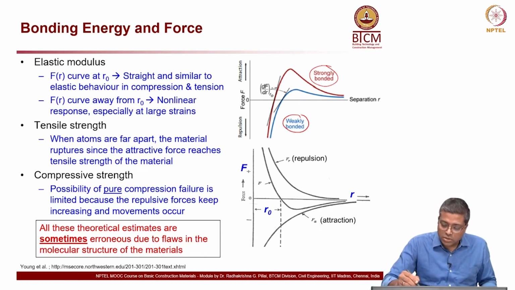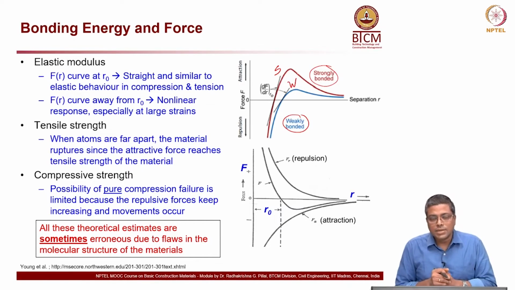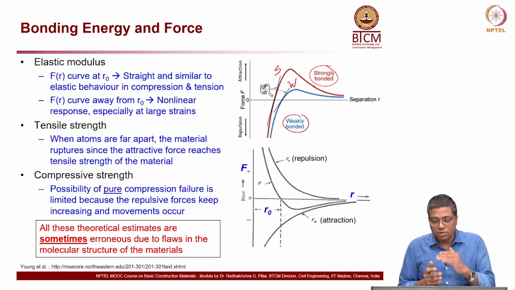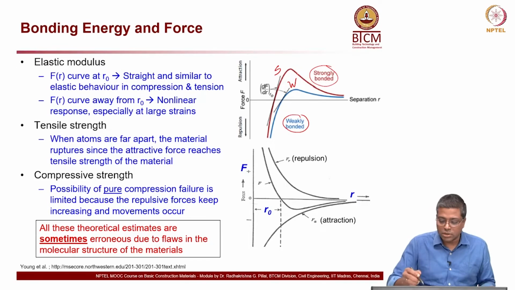Let me call them strong material and weak material. So, the slope of that line at R0 is smaller in the case of the weak material as compared to the stronger material.